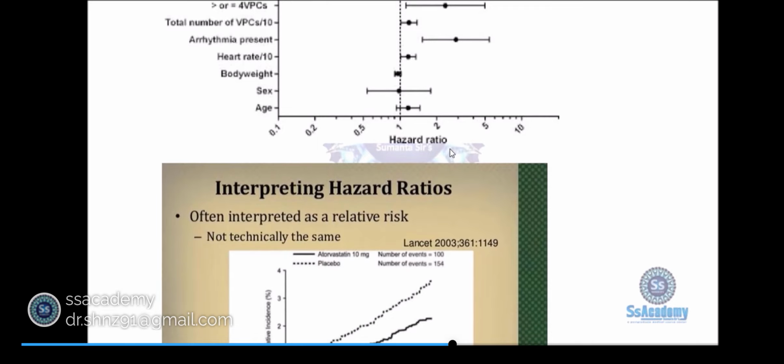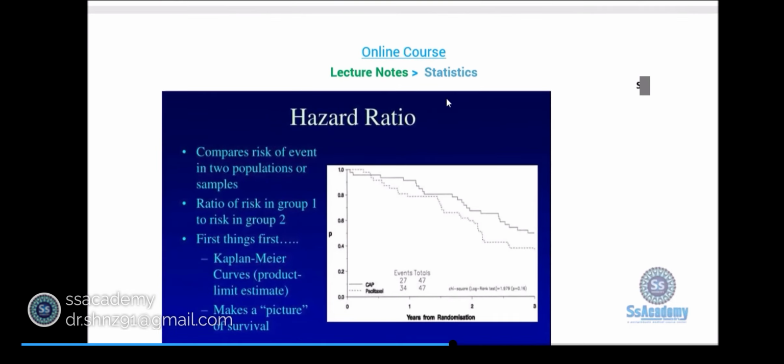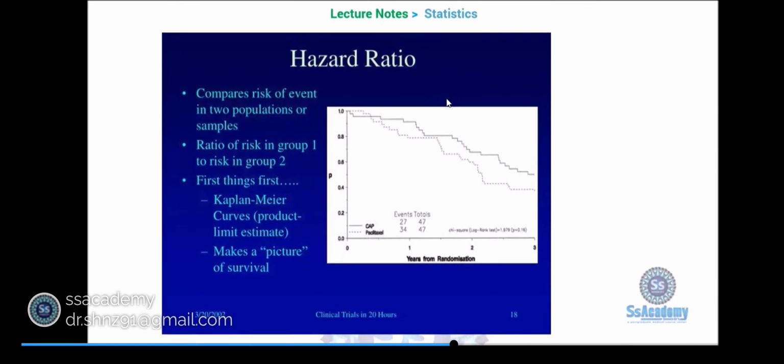Interpreting hazard ratios: it is often interpreted as a relative risk, though not technically the same. The hazard ratio compares the risk of an event in two populations or samples, the ratio of risk in group 1 to risk in group 2.